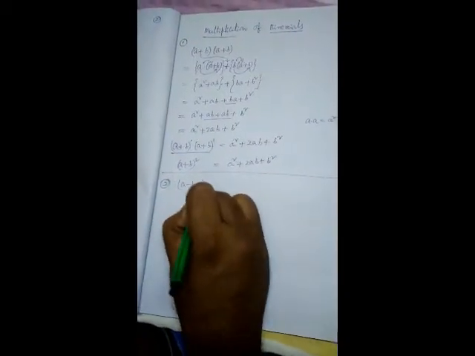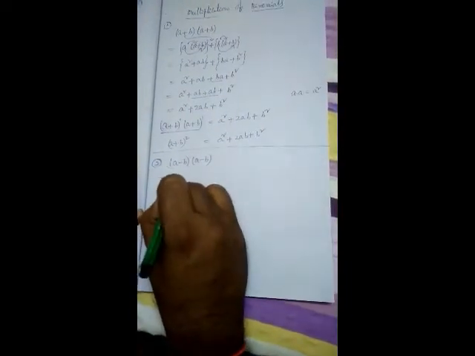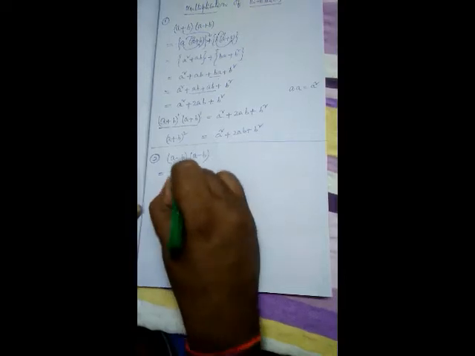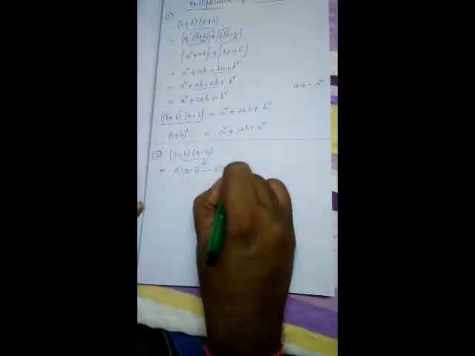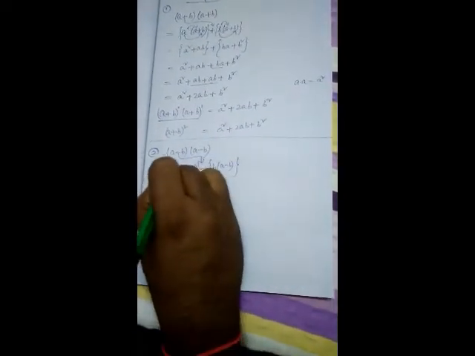(a - b) into (a - b) is equal to a into (a - b) minus b into (a - b). Definitely you have to keep curly brackets, otherwise we will get a wrong answer.